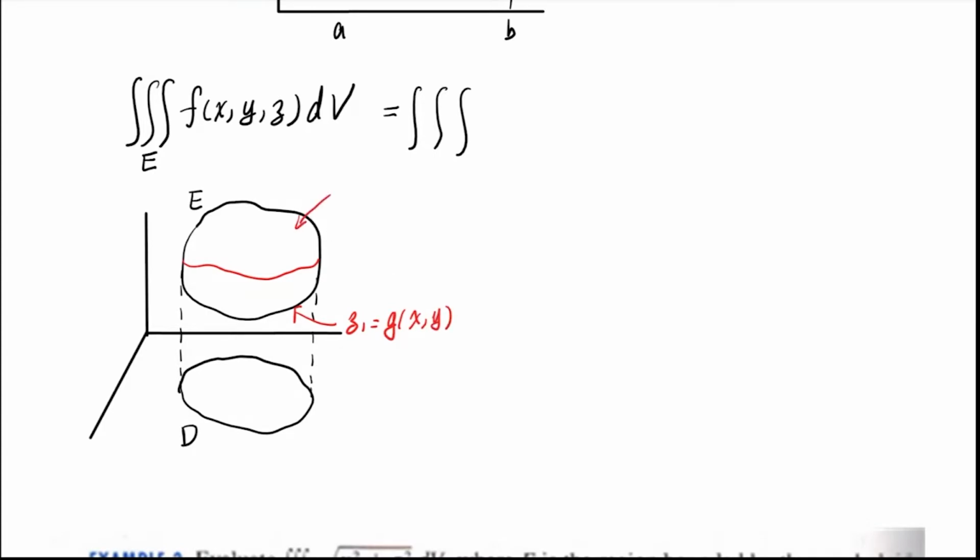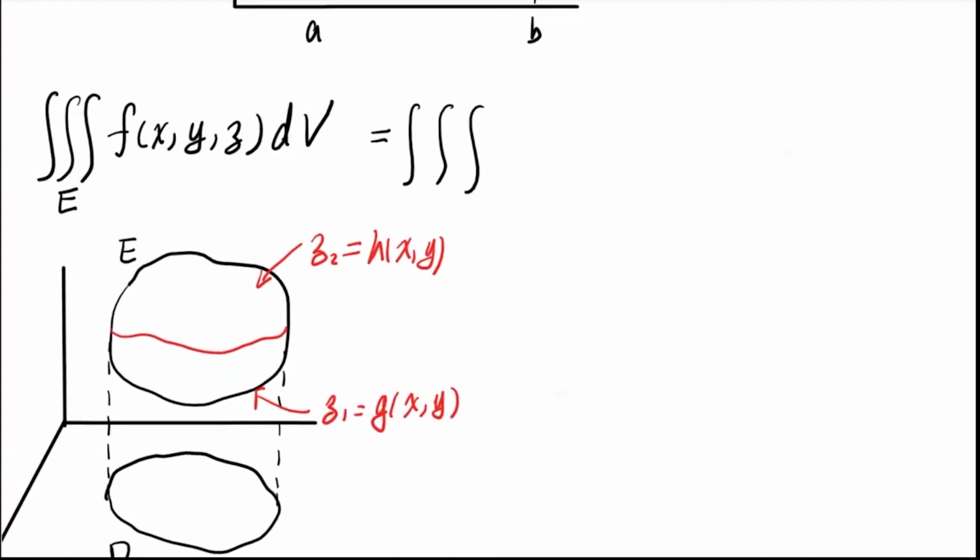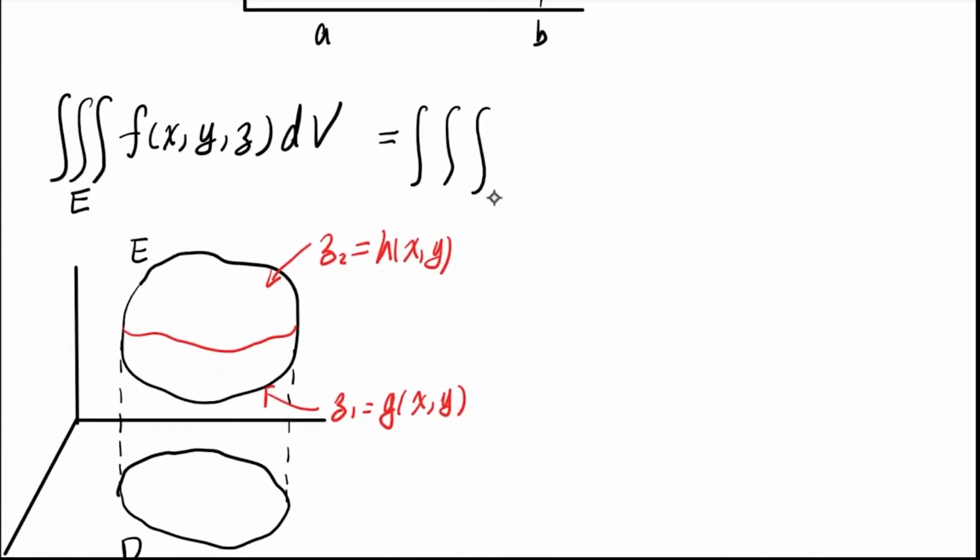And this top one, we can call this z2 is equal to h of x and y. You know what I'm saying? So for now, it has to go from z1 to z2. So this has to go from g of x and y, two variable functions, surface goes here, and then h.